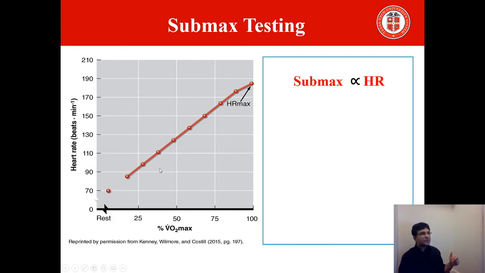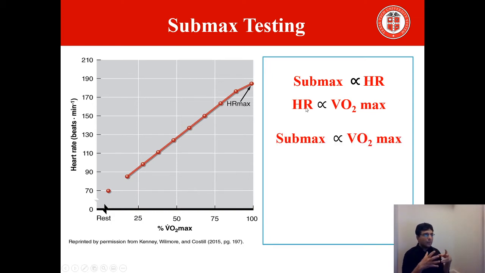So in this graph, this is pretty interesting. We know that submaximal fitness is directly proportional to the heart rate, and the heart rate is directly proportional to VO2 max, or the maximum volume of oxygen consumed per minute. So if we combine both these equations, heart rate here and heart rate here will get cancelled, so that we can get an equation that submaximal exercise is directly proportional to VO2 max.